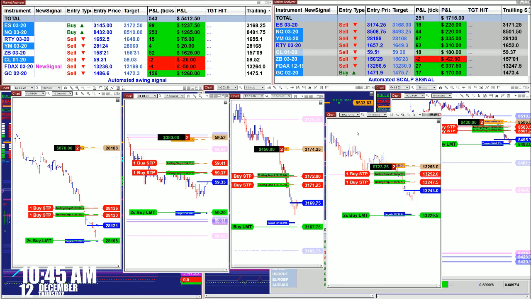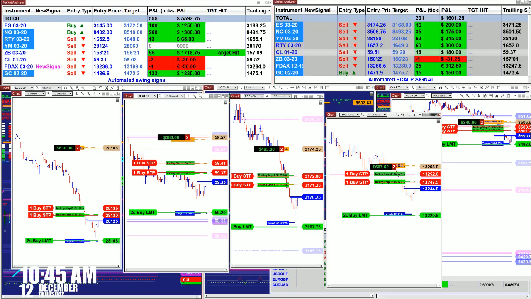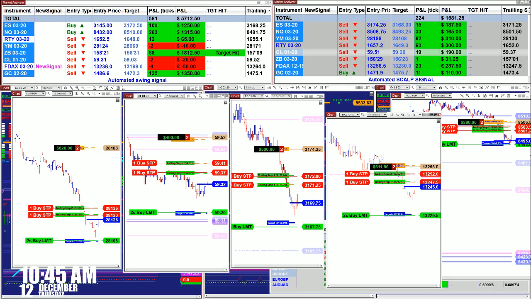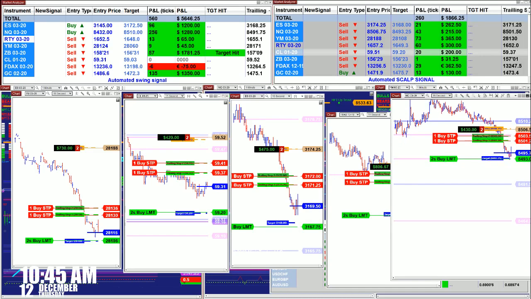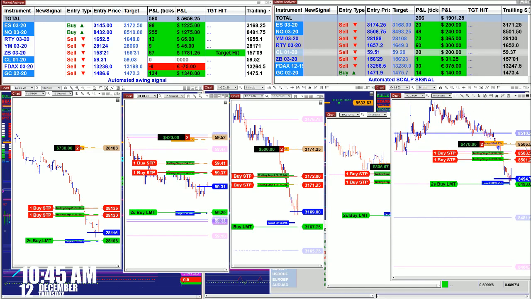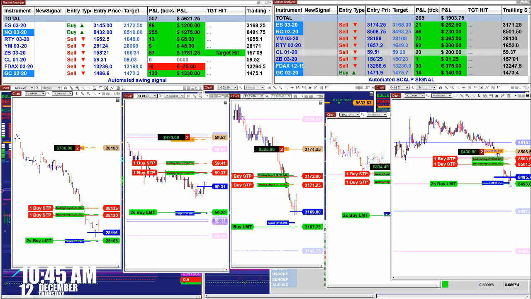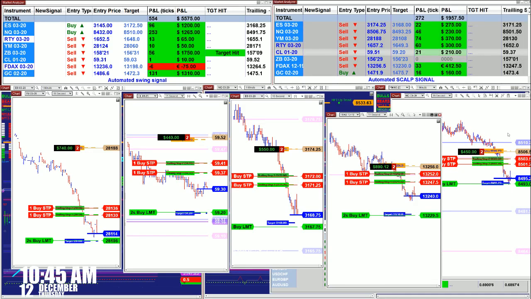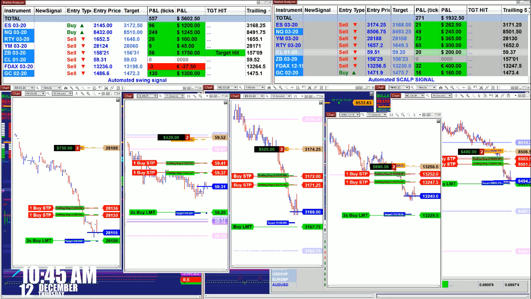I love that trade here on the DAX. I'm not giving up. Look at this. We missed on the Nasdaq. One tick on the Nasdaq didn't close, actually.